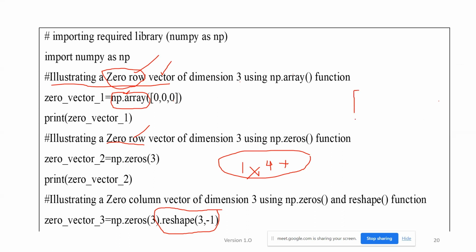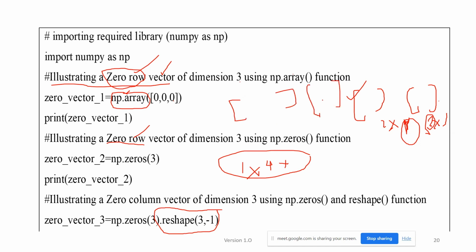When we have two column vectors, where this is 2 by 1 and the other is also 2 by 1, so 1 and 2 are not equal, multiplication is not possible. In this type of situation, one vector should be a row vector and one vector should be a column vector. Then we can do the multiplication.